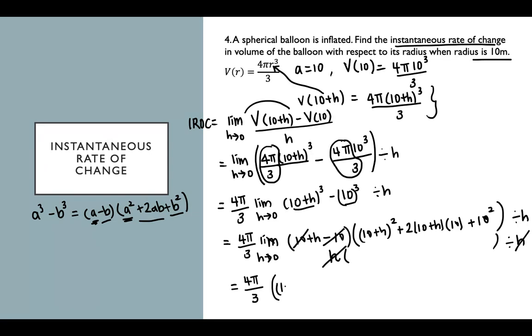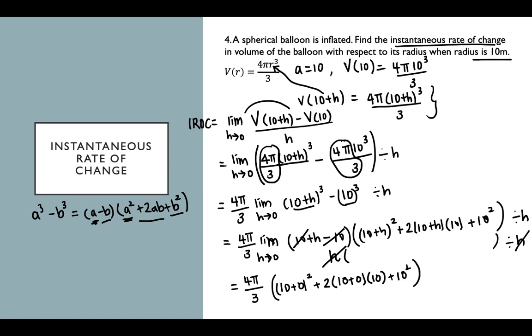So 10 plus 0 squared plus 10 plus 0 times 10, and then plus 10 squared. So do you see that?